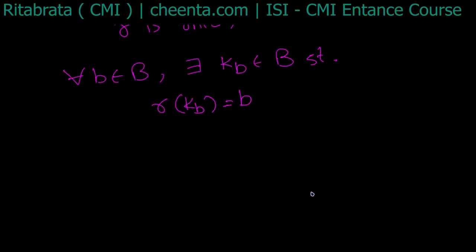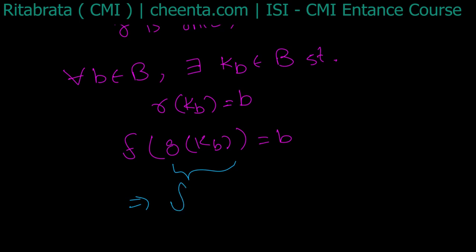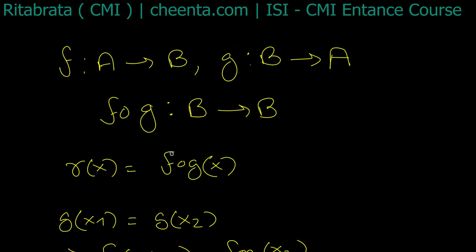Now we already know that r of k_b is just f of g of k_b. So I get that f of g of k_b equal to b. So for any element b, a preimage of b under f is just g of k_b. That means f is onto, because any element has a preimage. So these two conditions must hold.